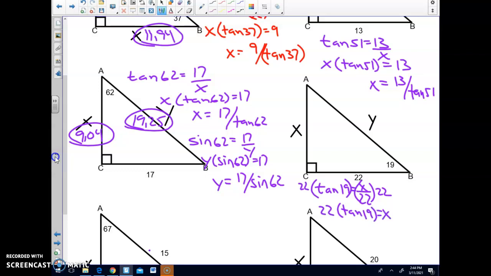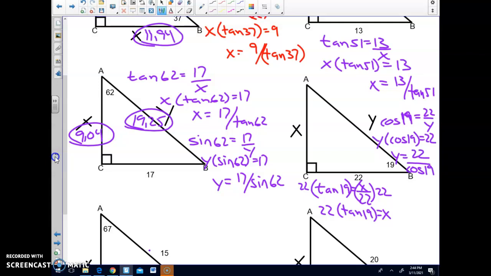For y, I've got to use cosine. Adjacent side of cosine of 19 is 22 over y. We're going to multiply y on both sides, and we're going to get y times the cosine of 19 equals 22, and my y equals 22 over the cosine of 19.